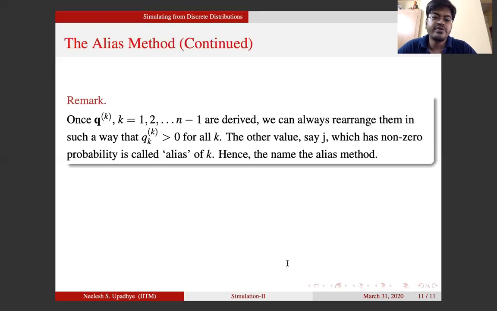Okay. If you do that, it's essentially a permutation of those probability vectors, which you can easily do. If you do that, you don't have to decide what is jn. jn is k. That's all. Then you will either choose k or you will choose the other value, the alias of k, the buddy of k. So therefore, the name is alias method.